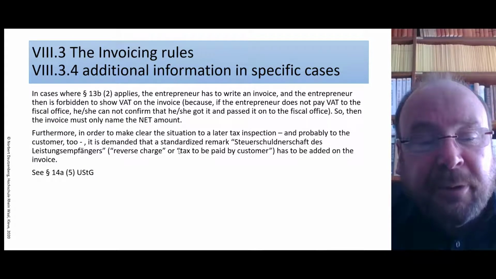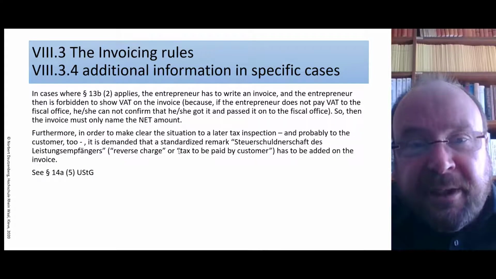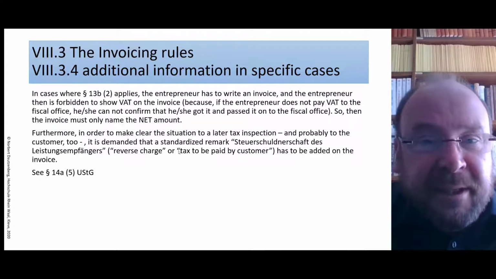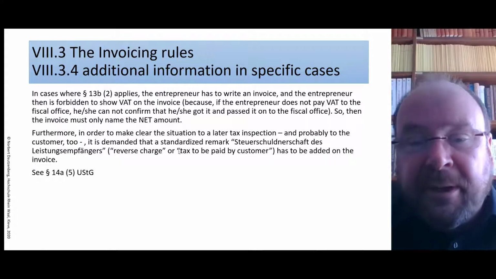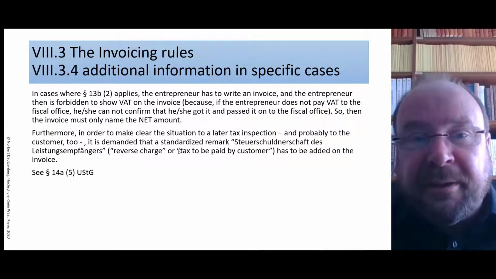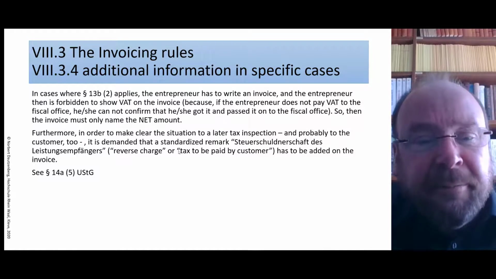Furthermore, probably if you write out an invoice and don't confirm VAT, that might make a tax inspector nervous. And it might also make your business partner a bit nervous. Why don't you charge us VAT?